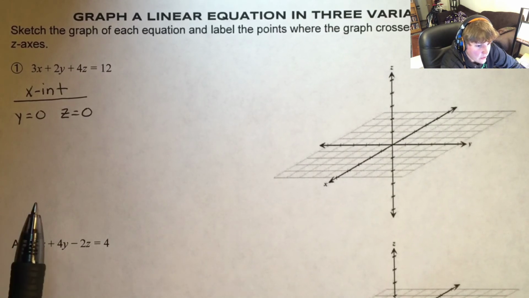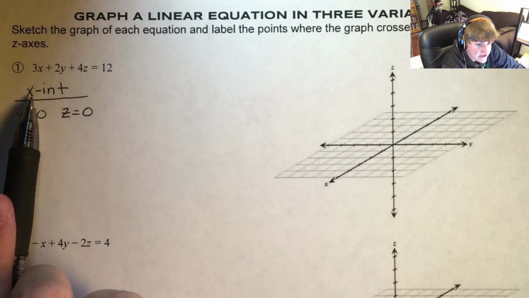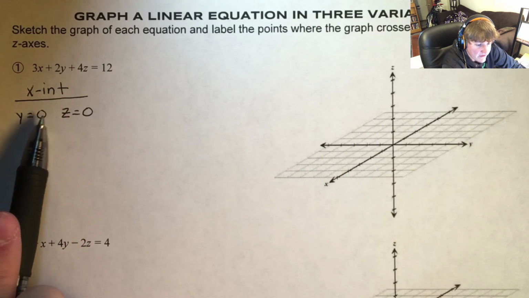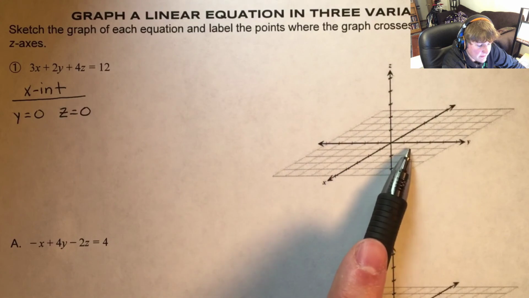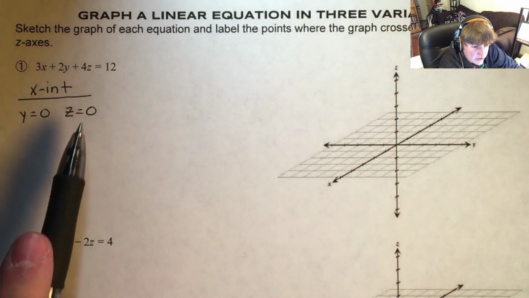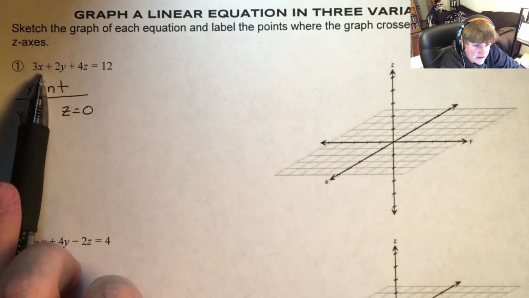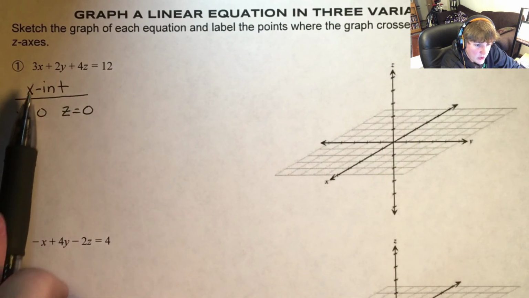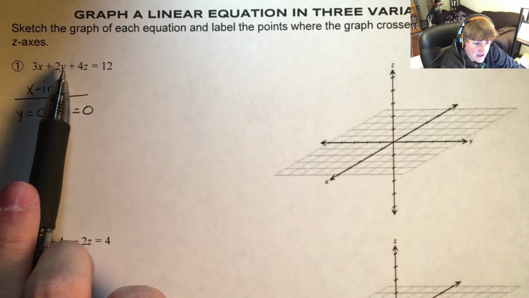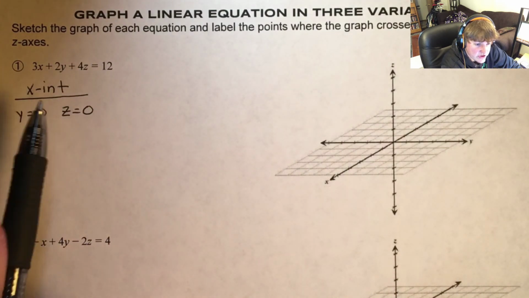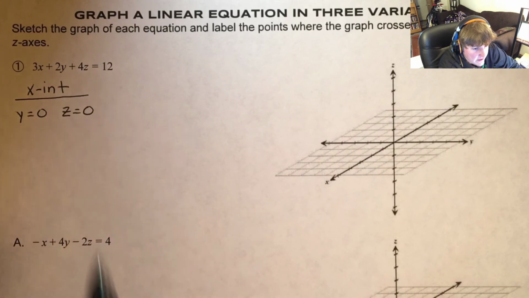So I know that when I'm on the x-axis, or I'm looking for my x-intercept, my y value is 0 and my z value is 0, for exactly the same reason I just talked about. So what we can do is plug all these in, and then I'm left with an equation with one variable, which I can solve. I can't solve for x here and get a nice neat number because I have too many variables, but when I replace them in, I'm going to be able to.